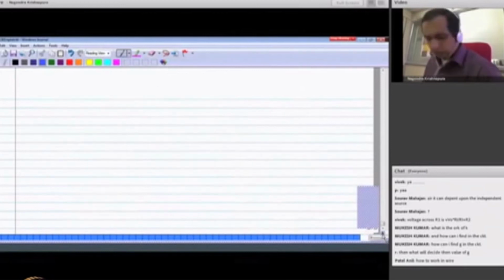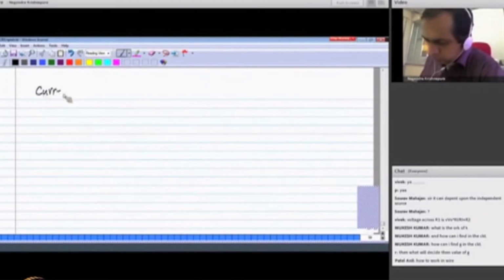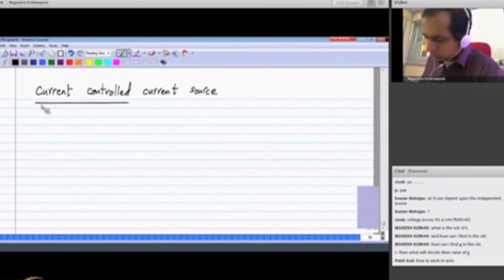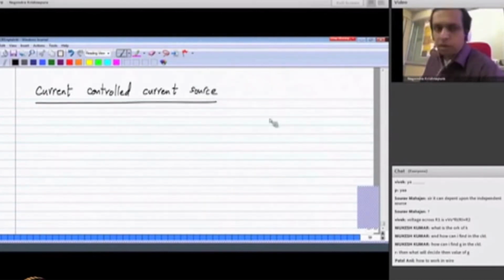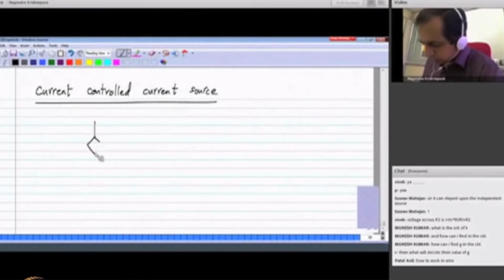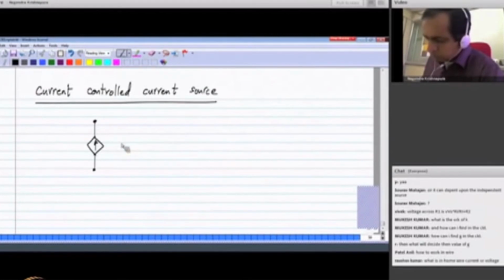And finally, we take the last of the dependent sources, which is a current controlled current source. Again, it is a current source, but the value depends on another current.